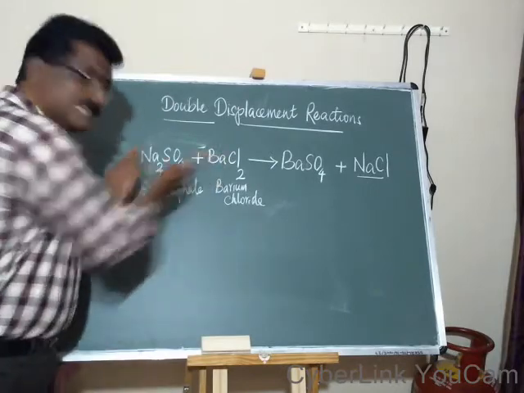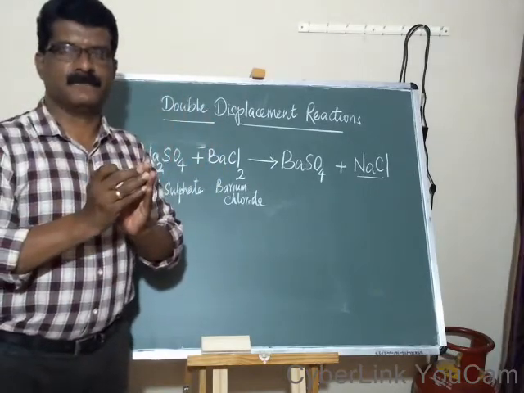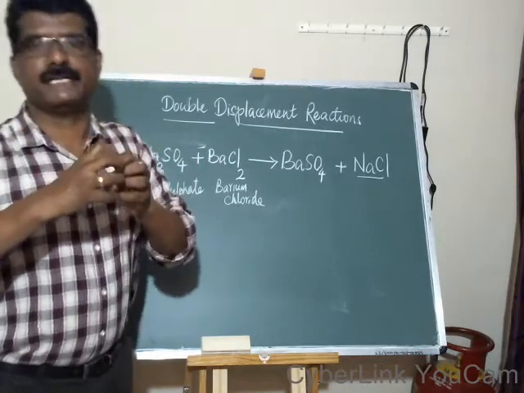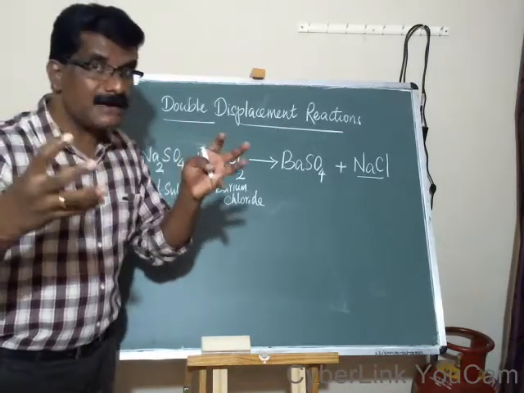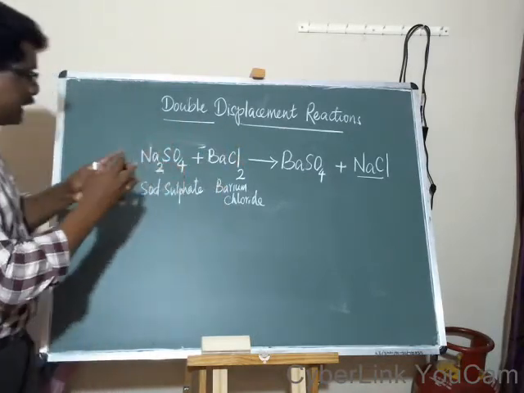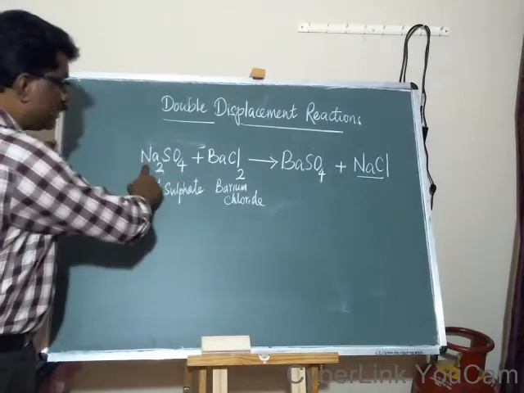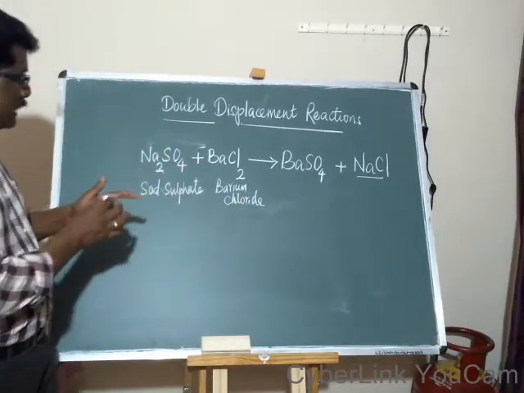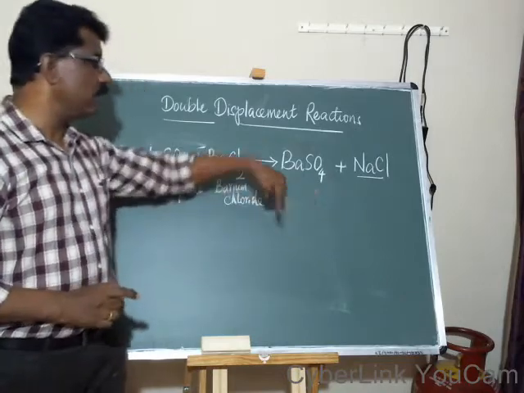So here both the reactants are salts. When two salts react together, what happens? Na2SO4 plus BaCl2 become BaSO4 plus NaCl.